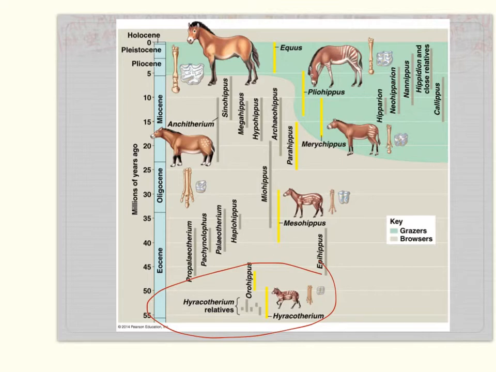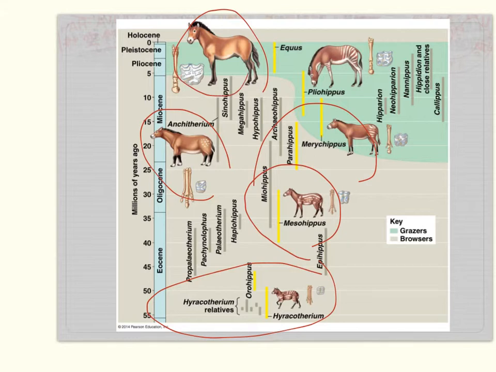If we take a look at the next one up here, a little bit larger, a little bit larger, larger still, and then finally the modern horse is very large, very different body structure compared to that little dog-like horse of 55 million years ago.